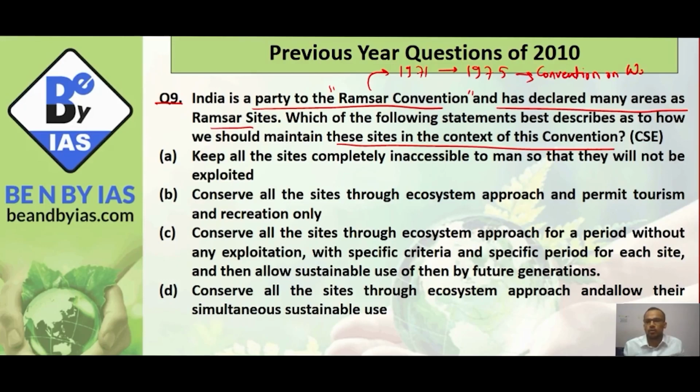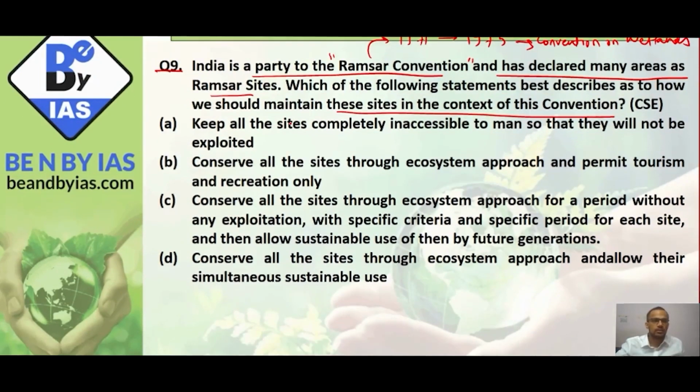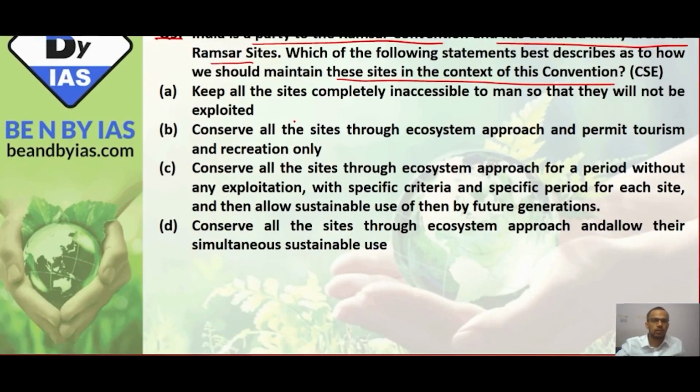There are 3 goals of the Ramsar Convention. What are those goals? I'll be writing in this margin, Ramsar Convention's goals.